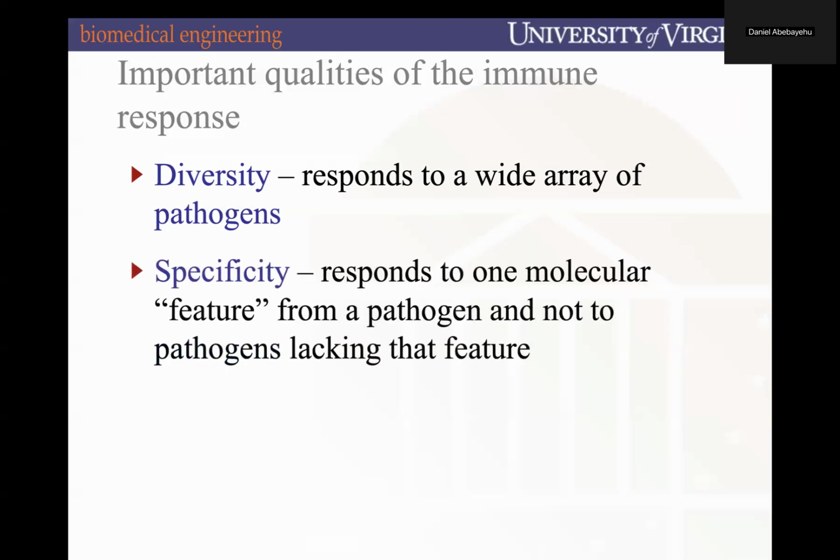Our immune system is also incredibly specific. This is particularly true for our adaptive side, but true for both, where it's able to respond to very specific features or molecules that are on a pathogen, and not to pathogens that lack that feature.